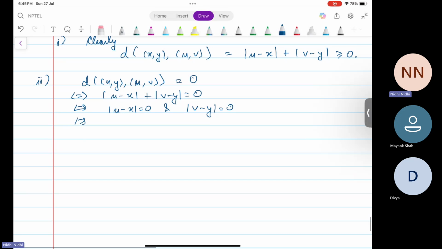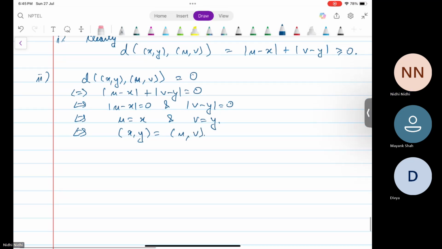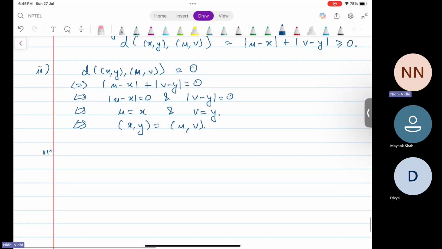And this happens if and only if u is equal to x and v is equal to y. That means both the components are equal, that means (x,y) is equal to (u,v). So this condition also holds.